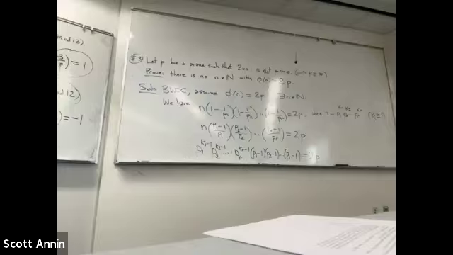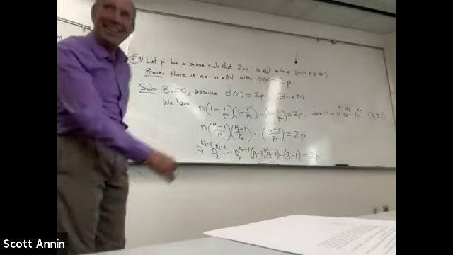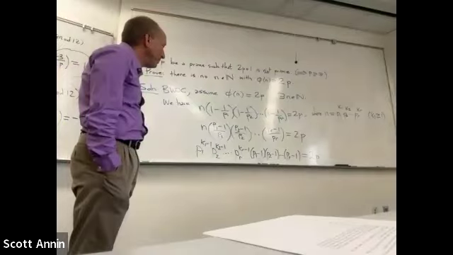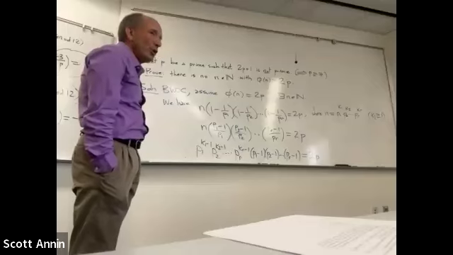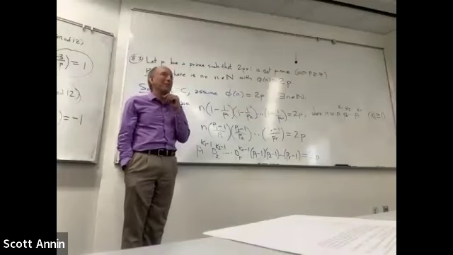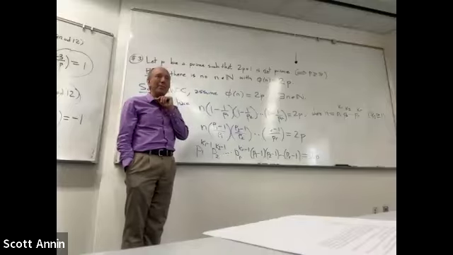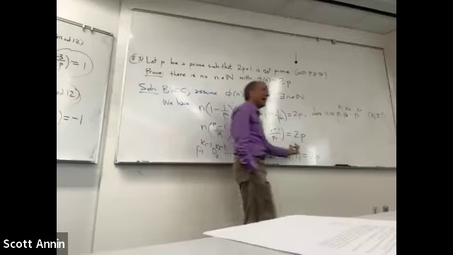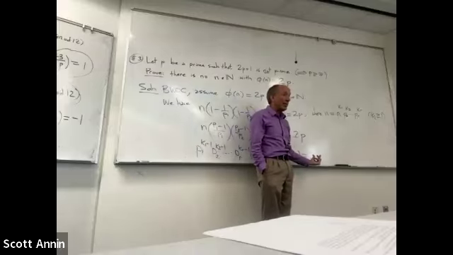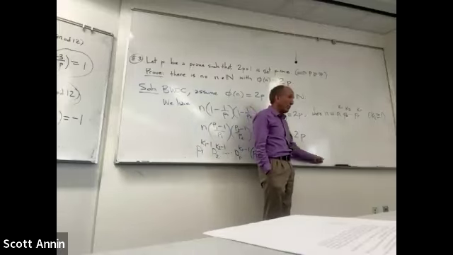Okay, let me take a look at what we have here. Don't forget our good friend, the fundamental theorem of arithmetic. There's only one way to factor a number. And I can see that on the right-hand side, the one way of factoring this number is 2 times p.